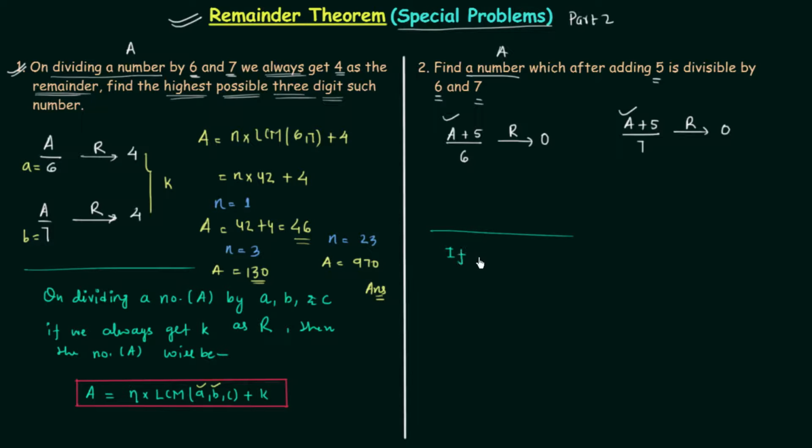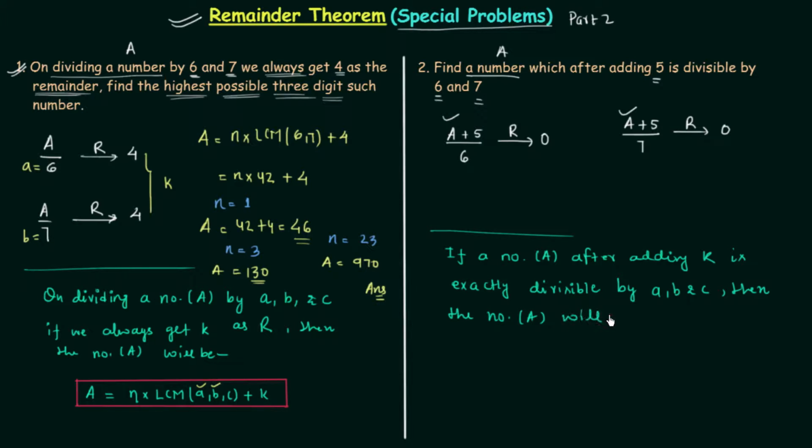The condition says if a number, let's say A, after adding k is exactly divisible by a, b and c, then the number A will be, the formula is A is equal to n multiplied by LCM of a, b and c, minus k. So this is the formula.